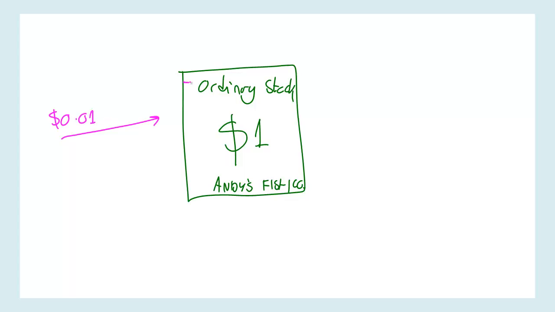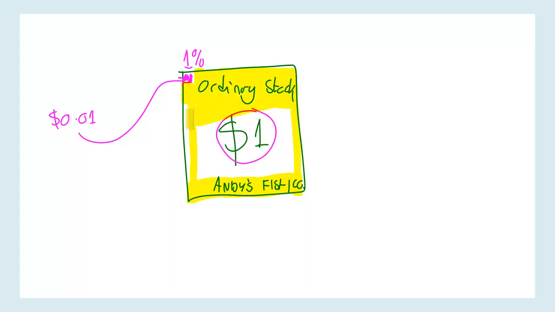I've basically got that much back. I've received 1% back of my face value, and I have taken a 99% haircut on the rest. So all of that has just disappeared.